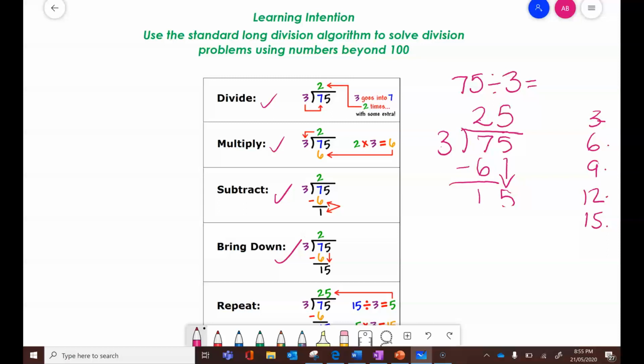I do my multiplication. So 5 sets of 3 is 15. Take away 15. And I know I'm finished because now I'm at 0. I have split up into equal groups all of the things that I wanted to. So 75 divided by 3, this is my answer. 75 divided by 3 is 25.